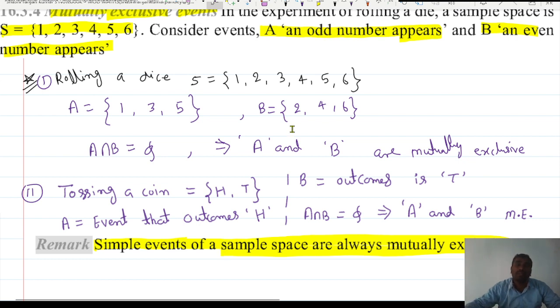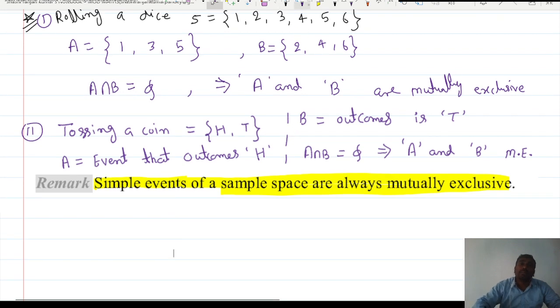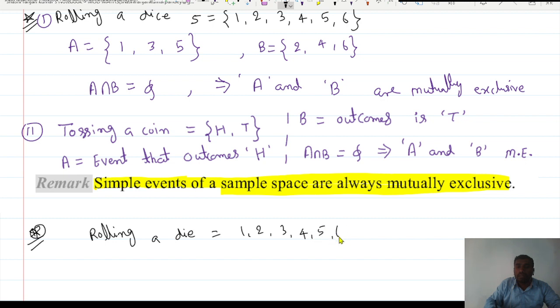Let us take one more example. Again rolling a die. What is the total sample space? Either 1, 2, 3, 4, 5 or 6.